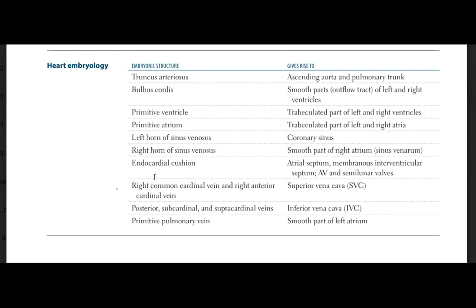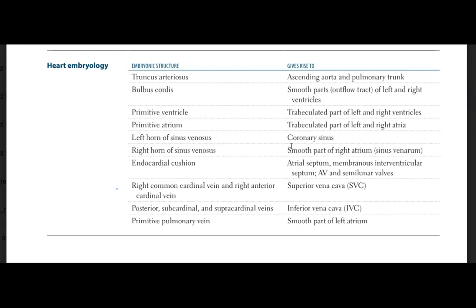Then we have the right common cardinal vein and the right anterior cardinal vein. Okay, so both of these cardinal veins give rise to the superior vena cava. Similarly, in the case of the inferior vena cava, we have three cardinal veins: the posterior one, the subcardinal one, and the supracardinal vein. And also, we have the smooth part of the left atrium.